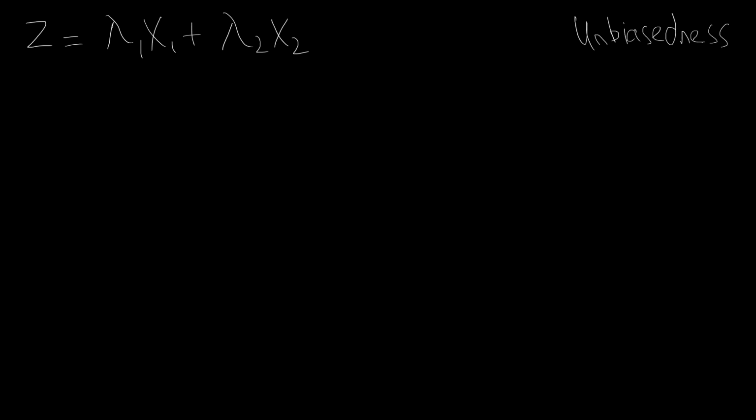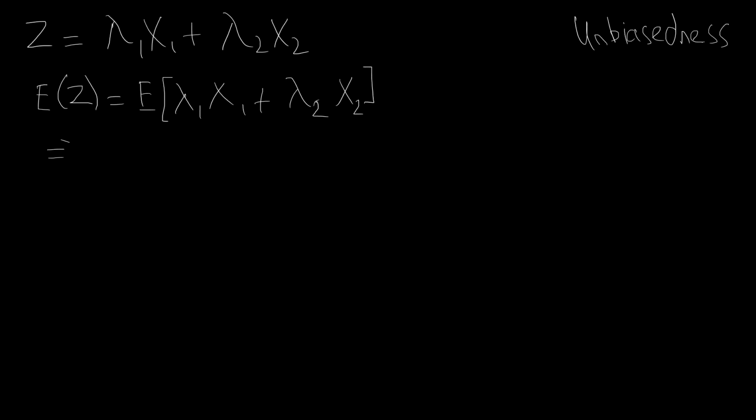Okay, cool. So as always, we're going to begin by taking expectations. So the expected value of Z is equal to the expected value of lambda 1 x1 plus lambda 2 x2. Now, by this stage, you should be pretty familiar with the expected value rules. First, we're going to use expected value rule number 1. So using EV rule 1, we can decompose this into two separate components.